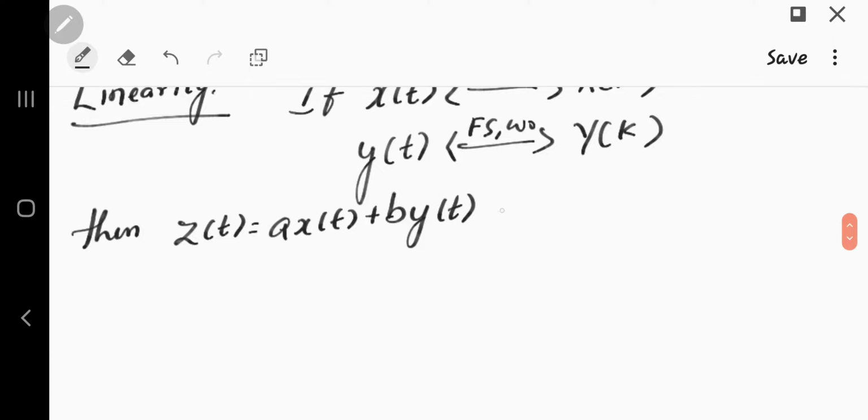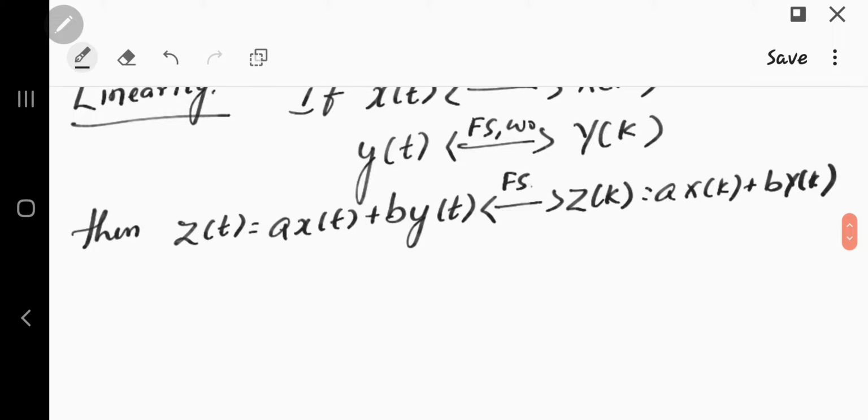Here a and b are constants. You can represent them with some other variables like a1, a2, or b1, b2, it's up to you. I am taking a and b here. Then z of k will be equal to a x of k plus b y of k. So this is the statement.